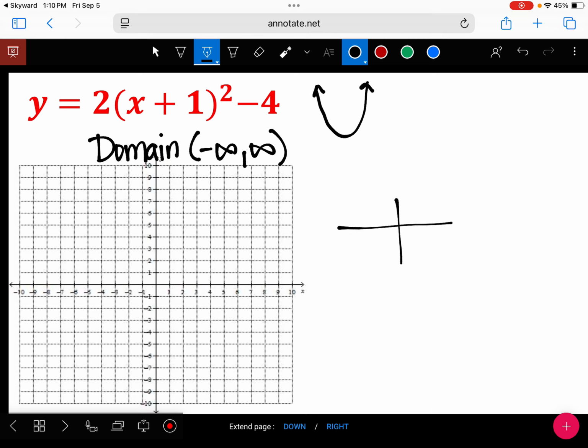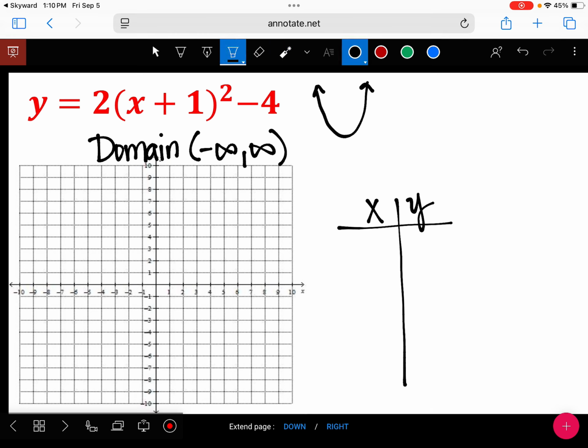So I'm going to make my table. And I can use any number for x. So here's my recommendation when you're graphing a parabola. Who remembers H and K from Algebra 2?